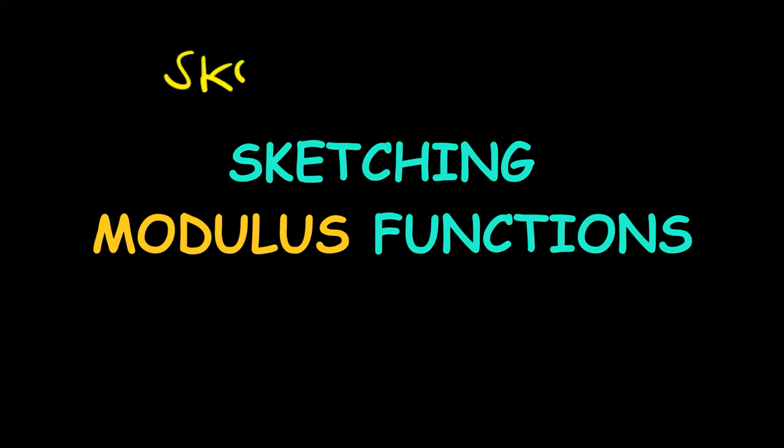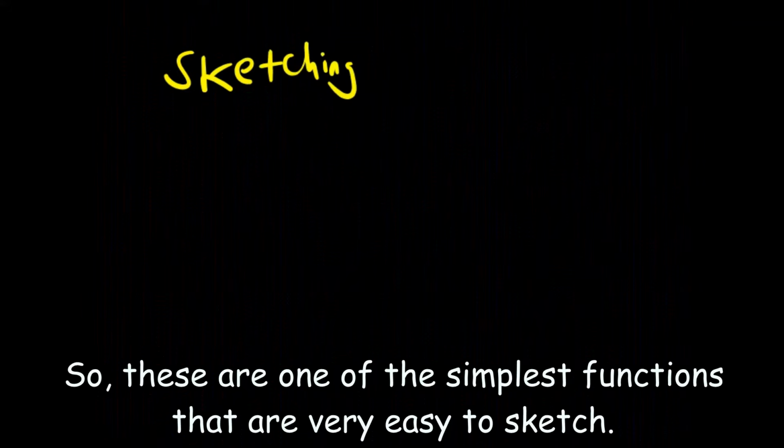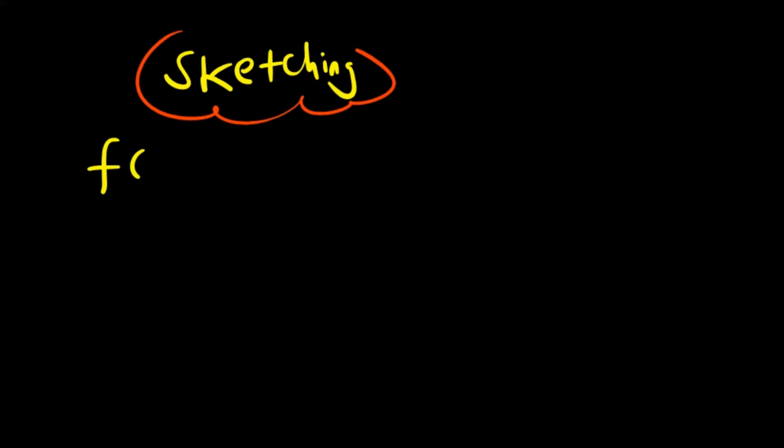Now, how do we sketch modulus functions? Okay, so these are one of the simplest functions, very easy to sketch. So if I've got f of x is equal to modulus of x, how do I solve this one?